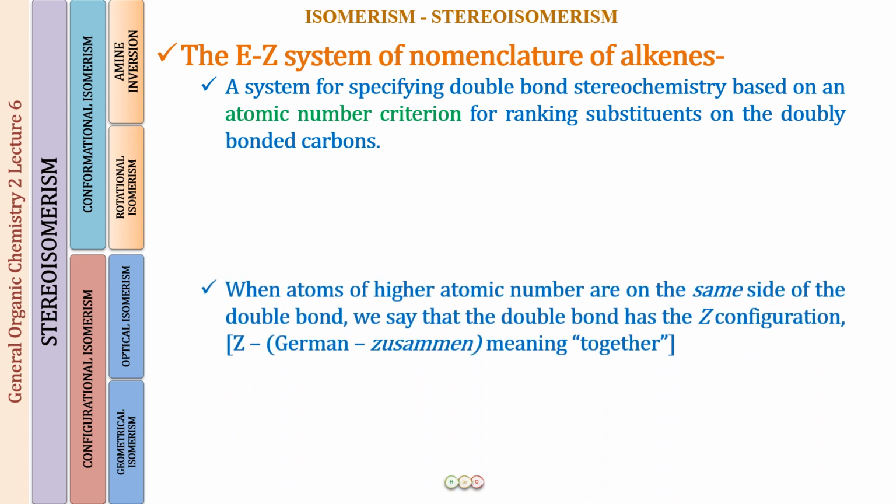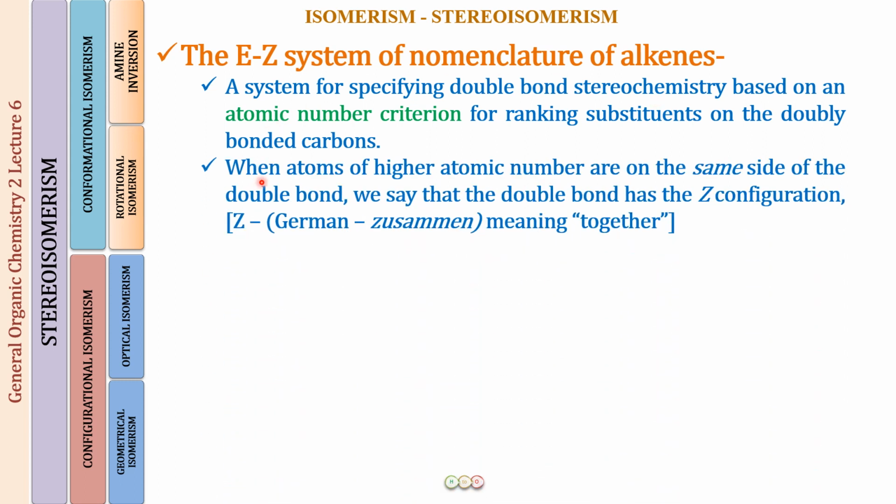So what we will be doing is seeing where the atoms of higher atomic number are present. When the atoms of higher atomic number are present on the same side of the carbon-carbon double bond, we say that the double bond has a Z configuration, which is just similar to the cis configuration, right? Cis means same side, so here Z is same side, and Z stands for the German word zusammen, which means together.